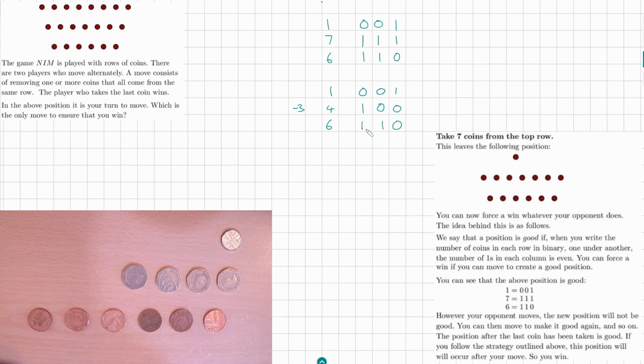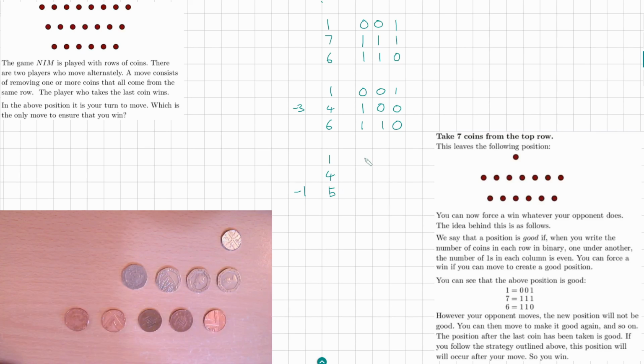Now I see if I take 1 from the bottom row of coins, I'm left with 5. Now let's just write this out. So that's 1 stays the same, 4, 6. I'm taking 1 from the bottom row. So we'll put the 5 in there because we're taking 1 from this row.